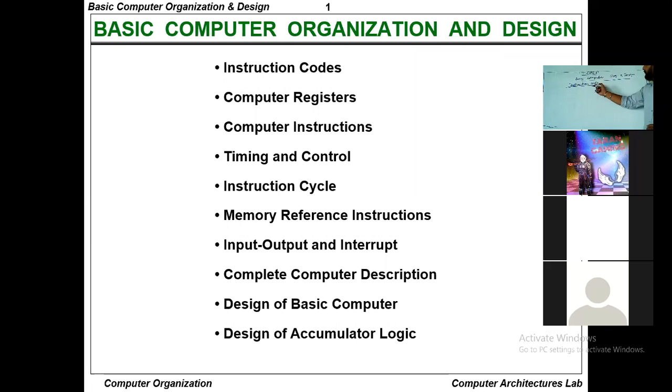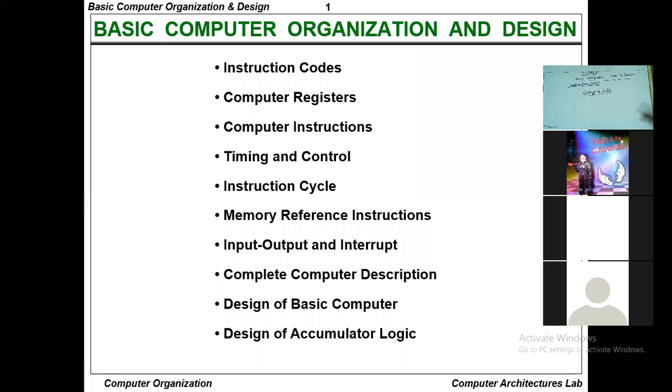And if we talk about code, so this means we have what is instruction code? Instruction code is a group of bits which instruct the computer to perform a particular operation.